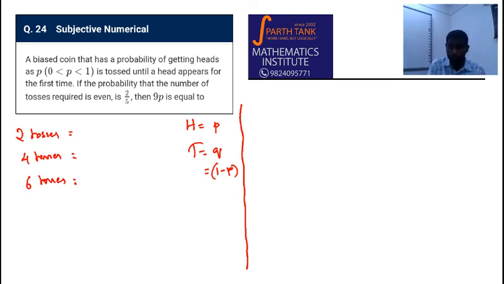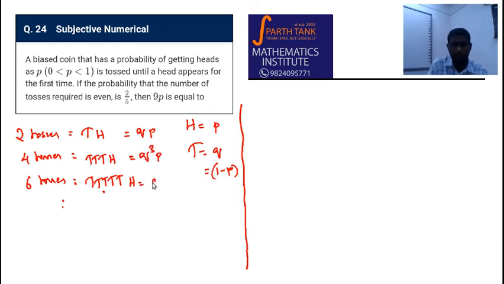So toss twice: the first time you get a tail and then you get a head. 4 tosses means you have got 3 tails and a head. 6 tosses means the first 5 tosses were all tails and then on the 6th toss you got a head, and so on. So this would be Q into P, tail head. This would be Q cube into P, and this will be Q raised to 5 into P.